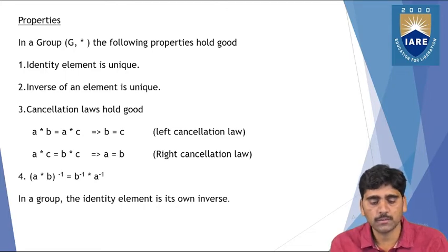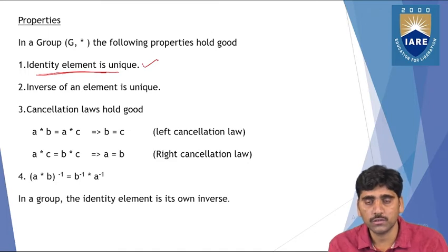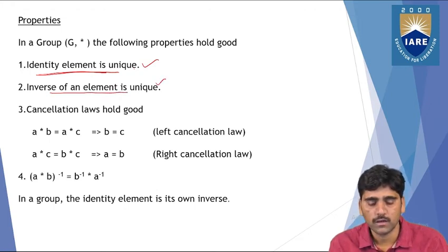So see here the properties. Identity element is unique. If it wants to be an abelian group, then the identity element has to be unique, and the inverse of an element is unique. Inverse of an element is unique.